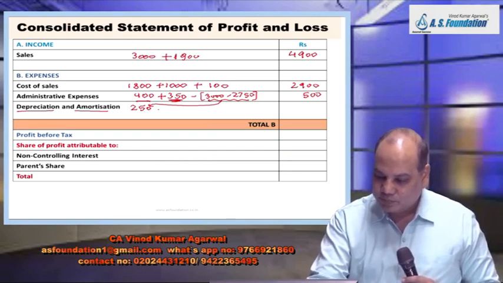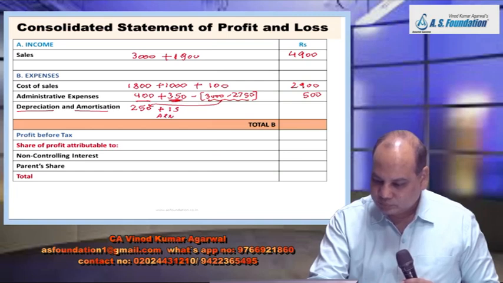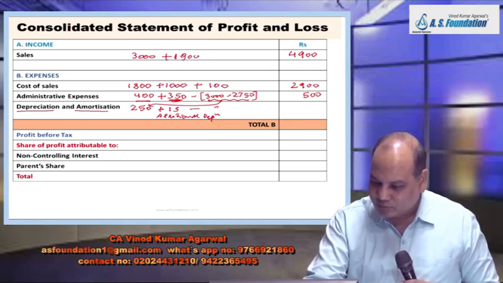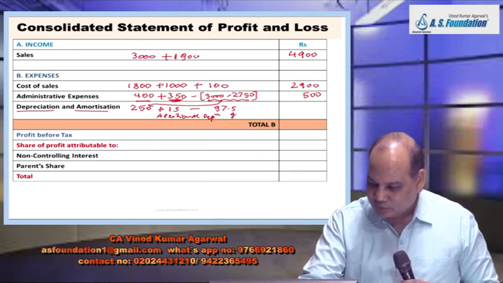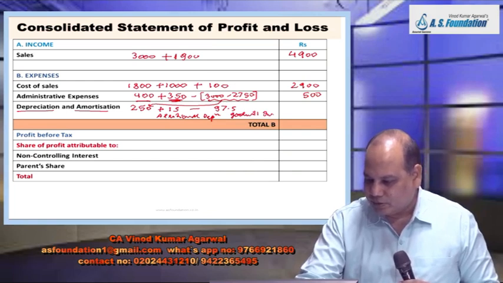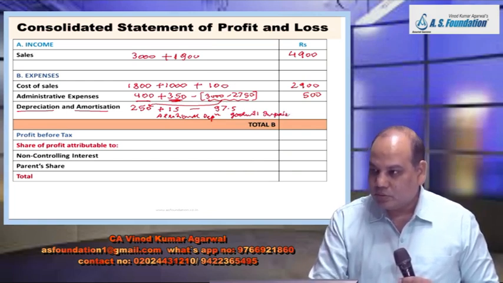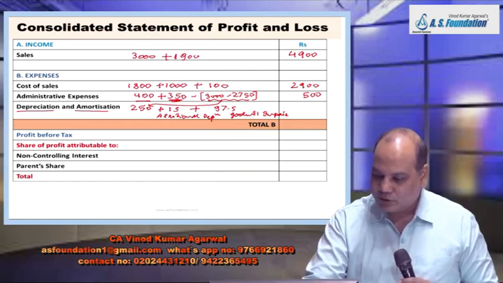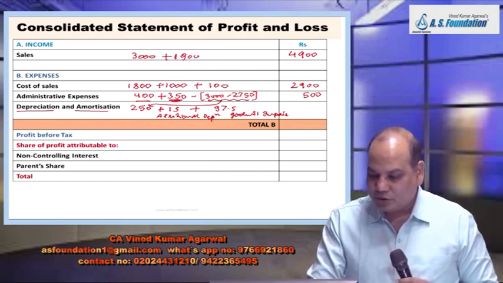This 250 plus additional depreciation 15 plus this additional depreciation on increase in value 15 and minus 97.5. This is goodwill impairment. Plus, sorry, all figures are plus. So what is the total now?